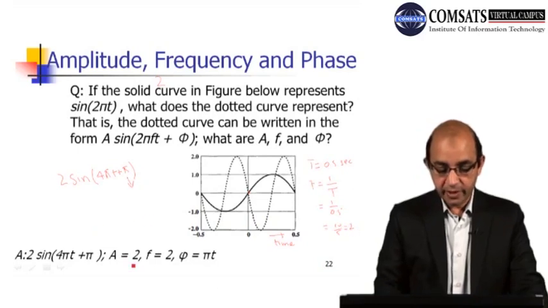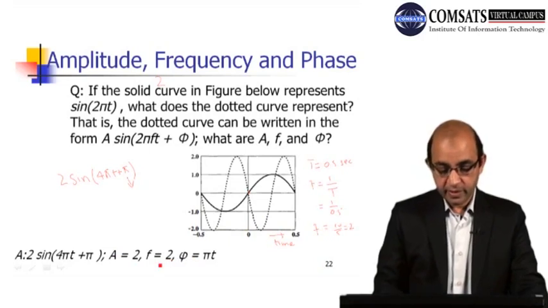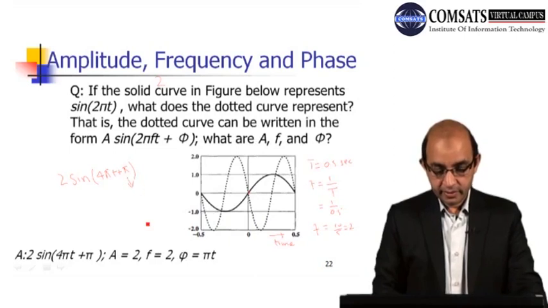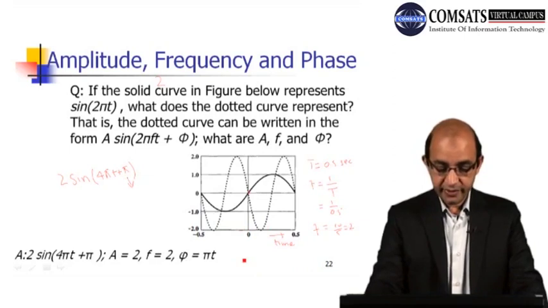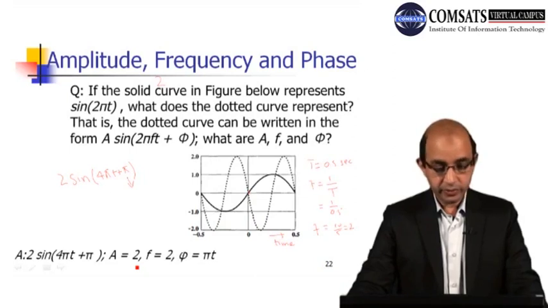So this is the time period, and this is the frequency. Pi is the phase, the frequency is 2, and the amplitude is 2.